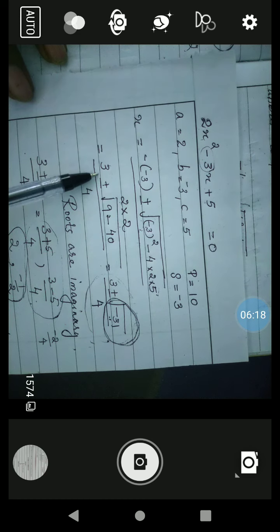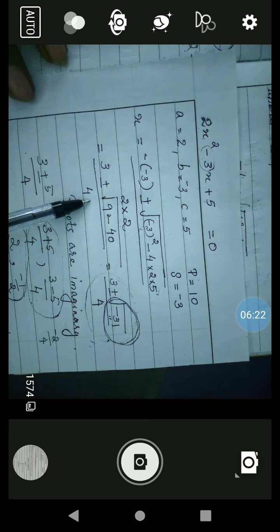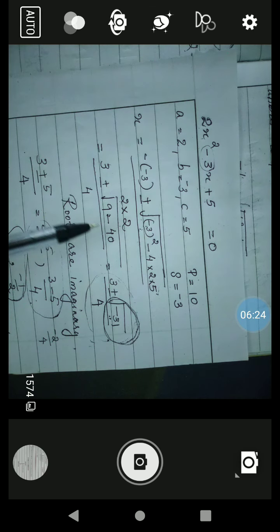Then you will get 3 plus or minus 0 by 4. So you will get two values, but both are equal. So we can conclude that if b square minus 4ac is equal to 0, the roots are real and equal. In this way, we can examine the nature of roots.